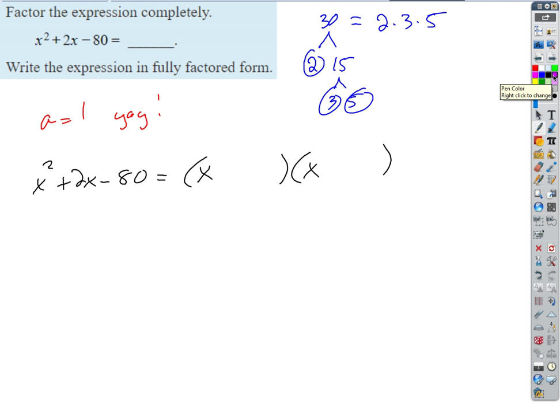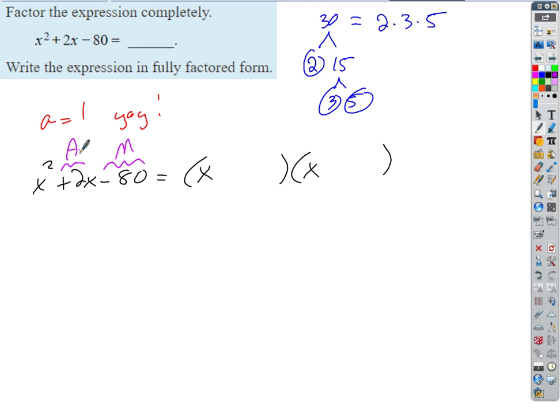The question is just, are there numbers that are going to work? Okay, what would the numbers have to do in order to multiply to give me this? Multiply to negative 80 and add to positive 2, right? So if you have trouble with those, the more of this you do, the better you get at factoring. It's just a skill like anything else.